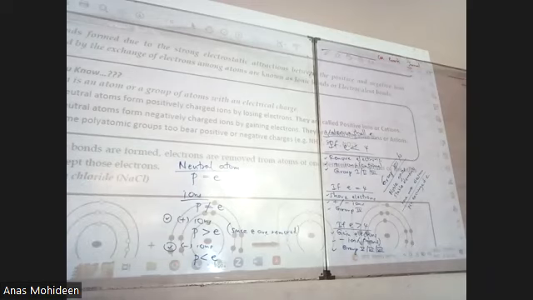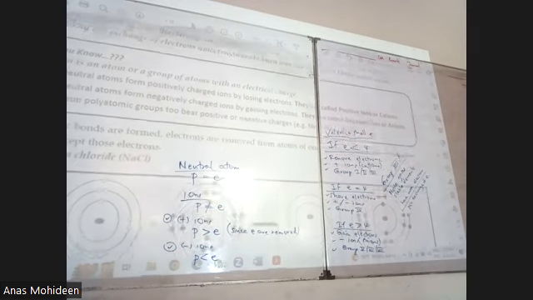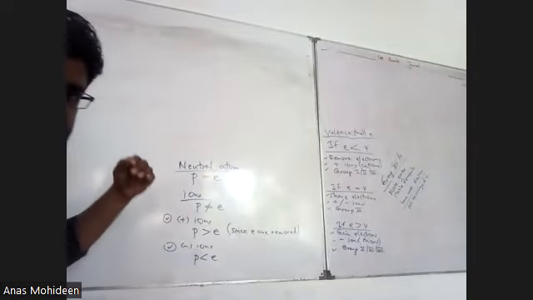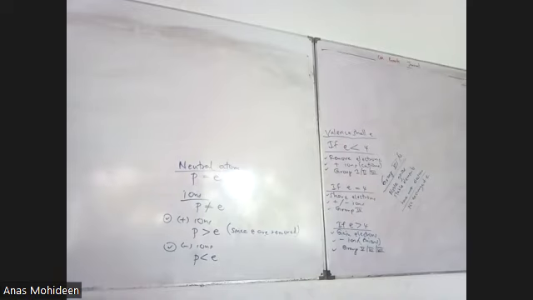So accordingly, you can see here, an ion is an atom or a group of atoms with an electric charge, and it says that neutral atoms form positively charged ions by losing electrons.